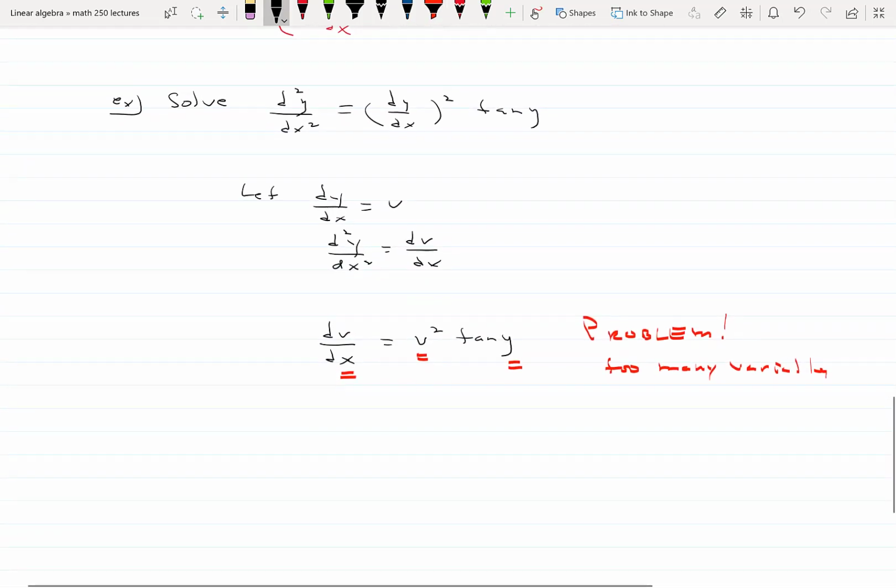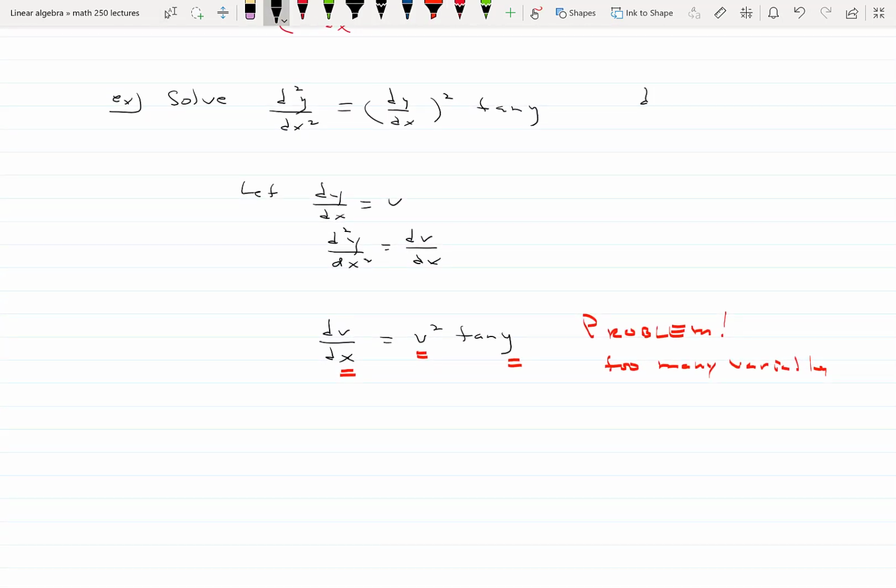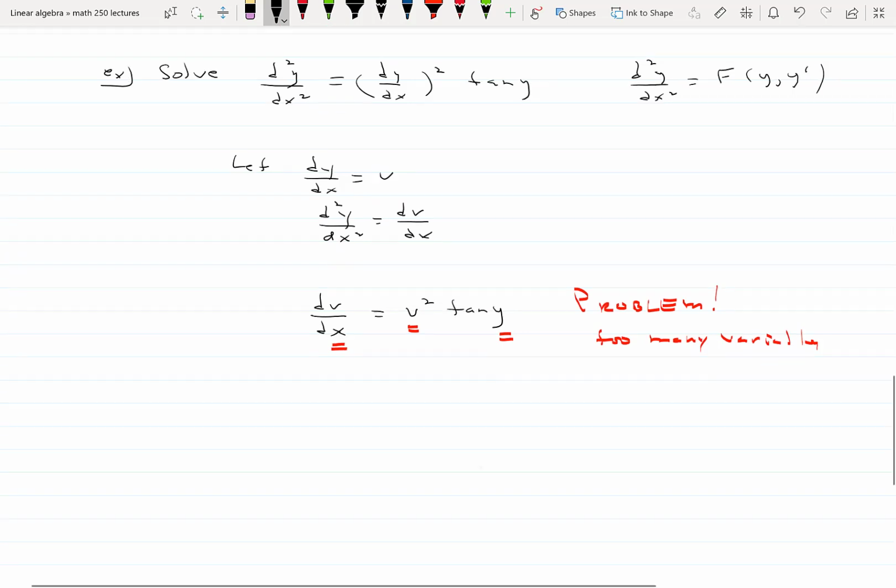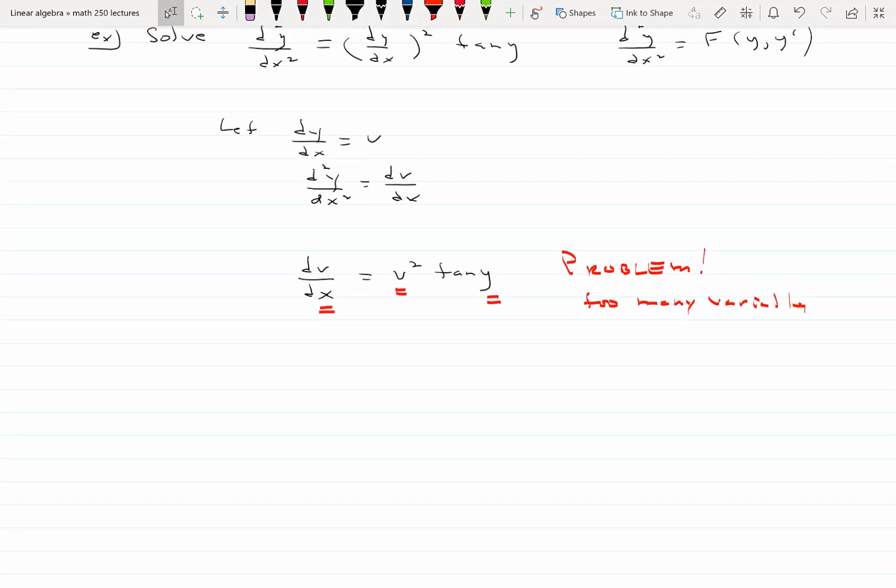Our differential equation is of the form d squared y over dx squared is a function not of x and y prime, but of y and y prime. And with that in mind, we are not going to be able to make the substitution and have only two variables. We have three variables, x, v, and y.